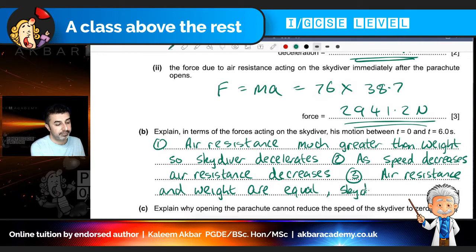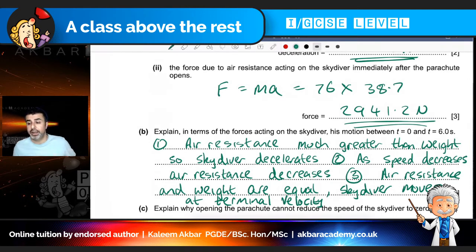Skydiver moves at terminal velocity or constant speed, whichever one suits you. Sorry, it's a little bit crushed at the bottom there, but that's basically the 3 parts.